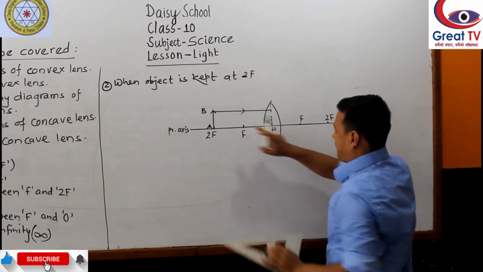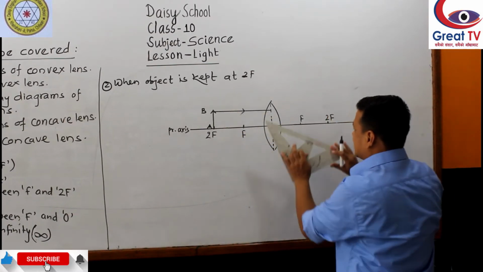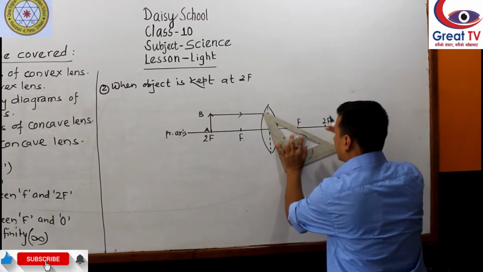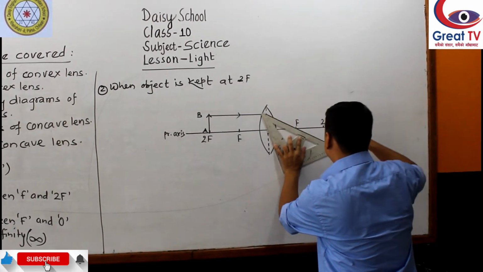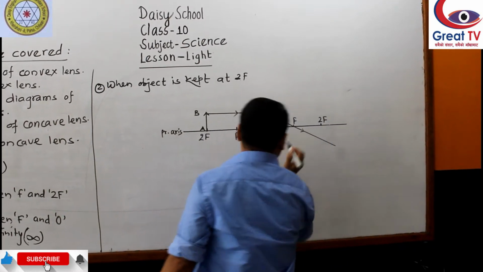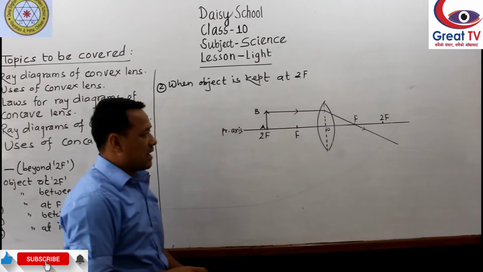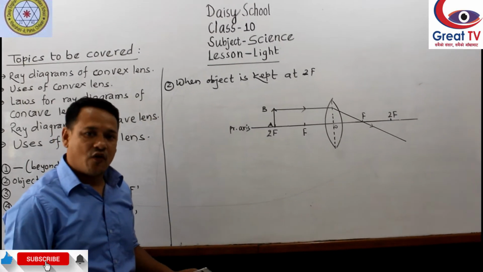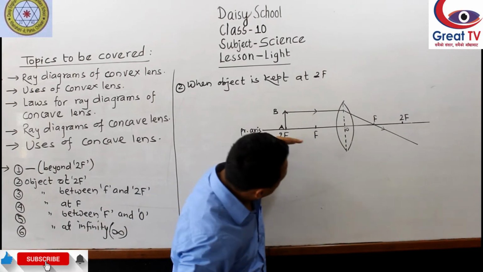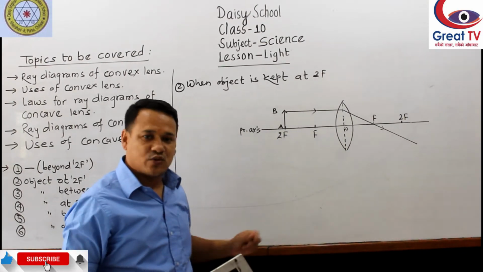So look here, parallel light rays to the principal axis pass through the focus point. Another one, light rays which are incident on the optical center pass without bending.